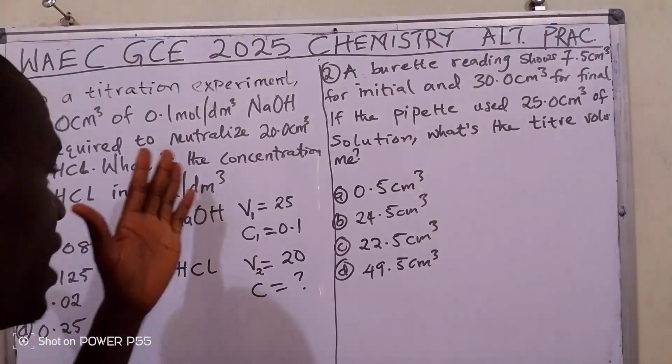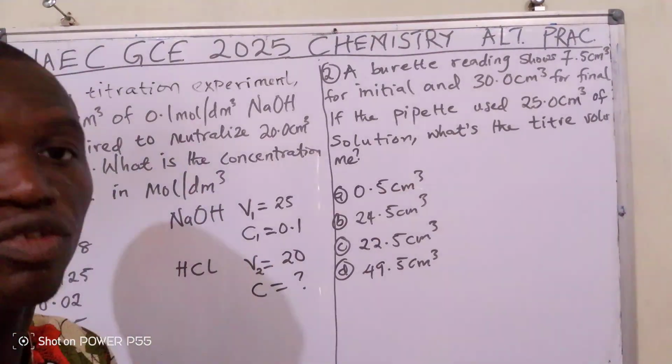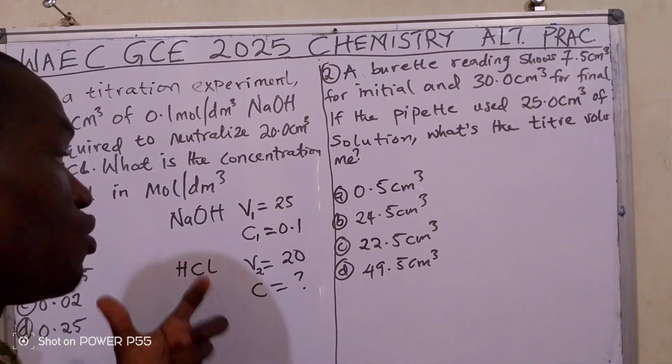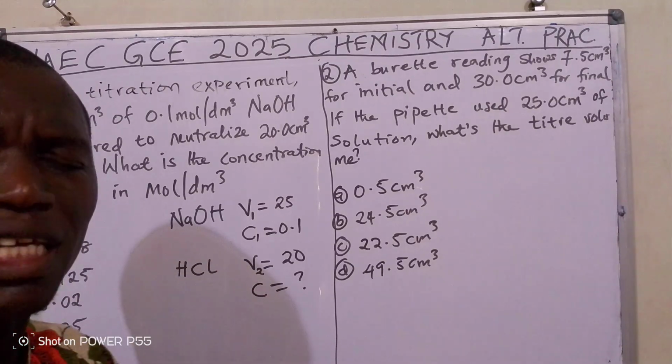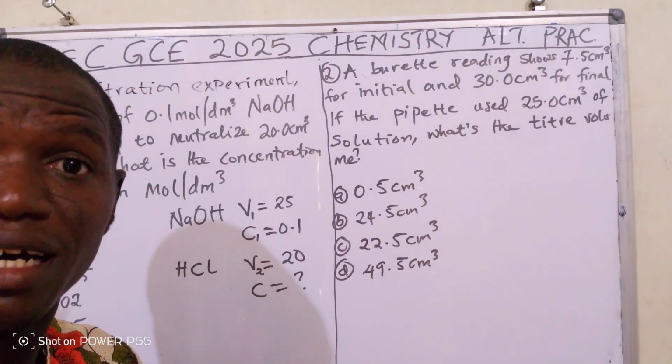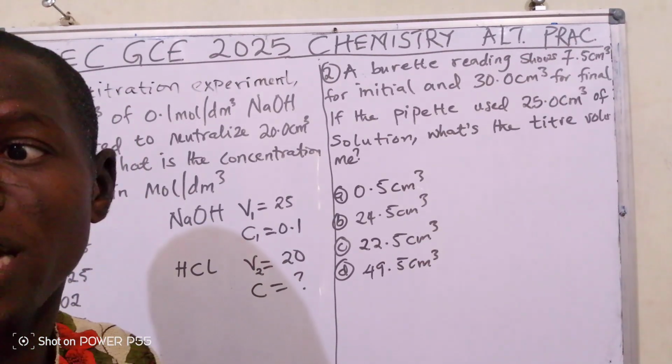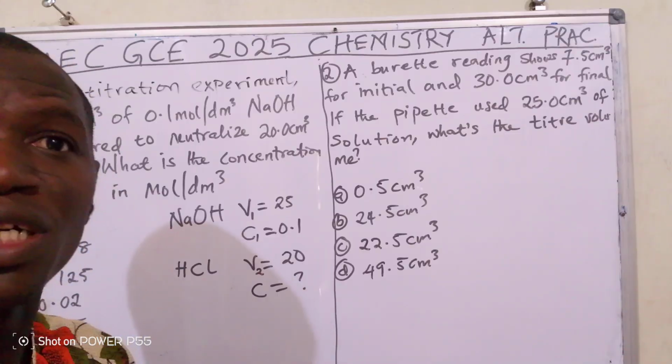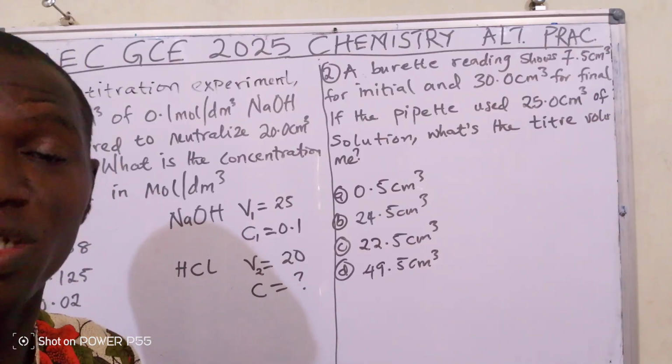Do you see that we already have the details we need for all our calculations in this question? So the next thing is to think of what formula I am going to use, and there's an urgent need for you to try and master the common formulas used in calculation.